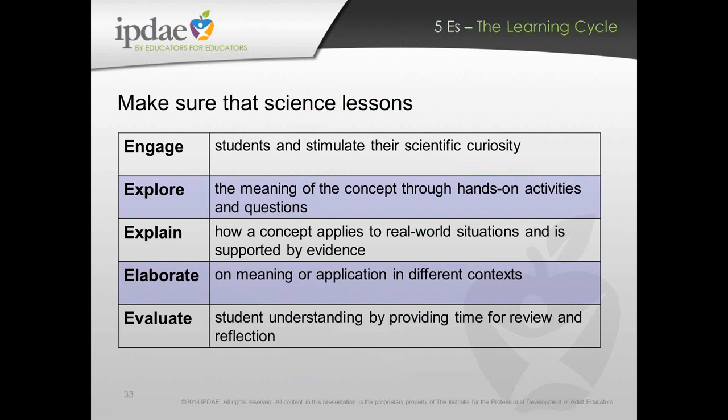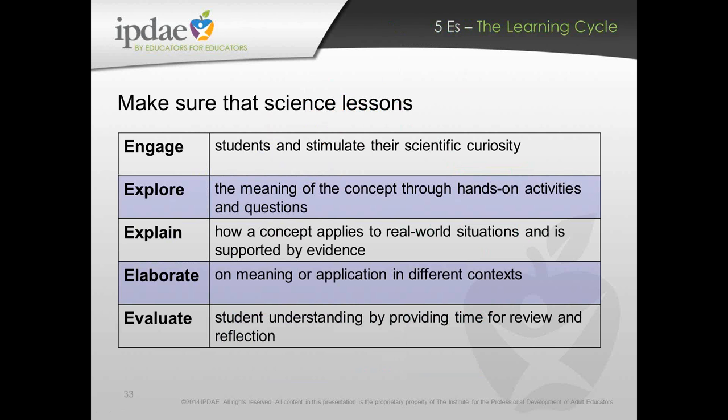Engage our students, explore the meaning of concepts through as much as we can hands-on because students need to see science. Explain how it's part of our real-world situations because we always remember things better. And there's a second E in that one called evidence. And since we know that textual evidence is a problem, we need to make sure that when we explain things, when we have students read about things, that they can identify the evidence that supports that explanation.